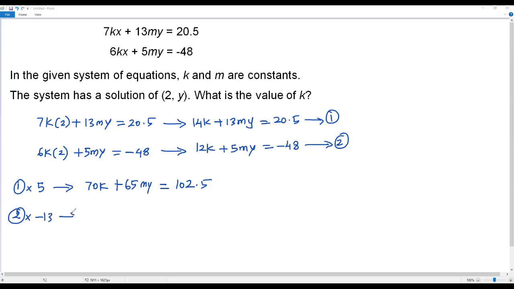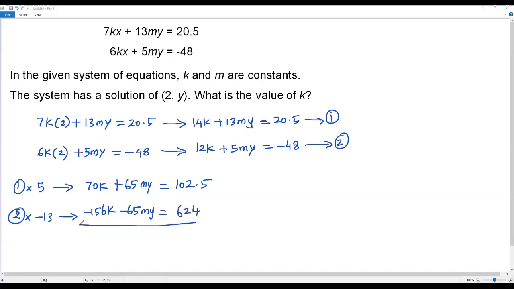So I multiply the second equation by negative 13. First I multiply positive 12k by negative 13, and I'm getting negative 156k. When I multiply positive 5my by negative 13, I'm getting negative 65my. On the right side, when I multiply negative 48 by negative 13, I am getting positive 624.